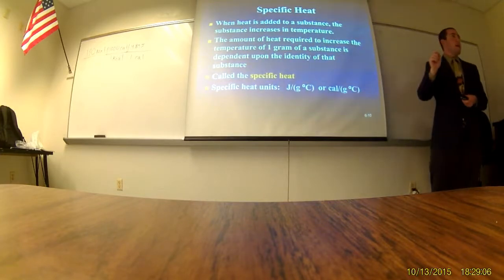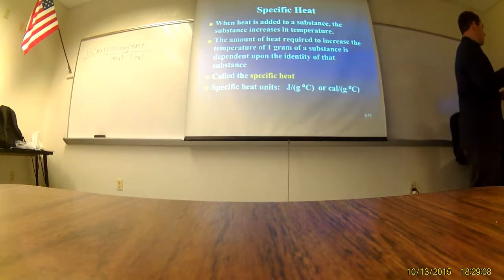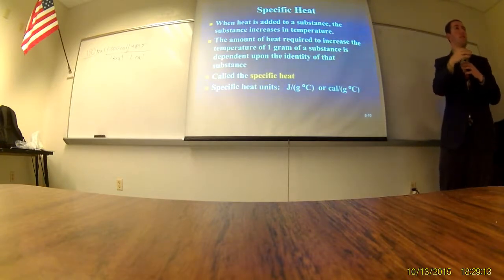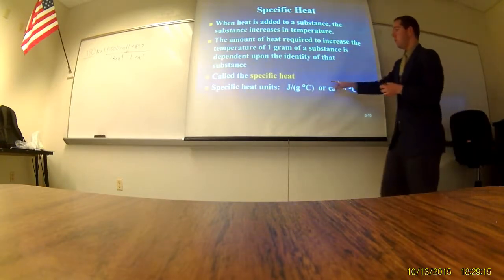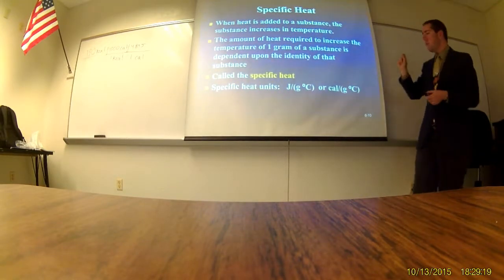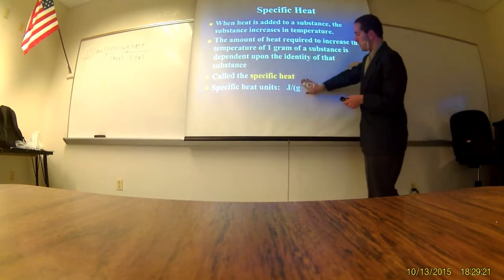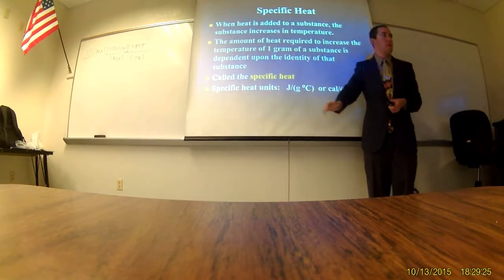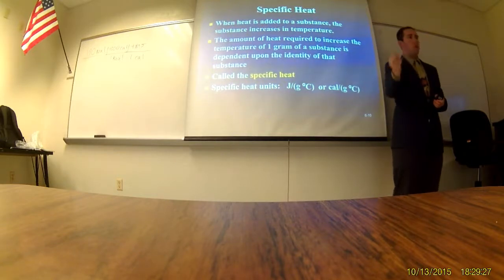Okay. Pretty much every case, you're going to have a table of specific heats, or the specific heat's going to be given to you, and so it's automatically going to have the unit on. Okay. But if you think about it, it makes sense. If we just look at joules per gram, we said it's how much heat per gram of sample.